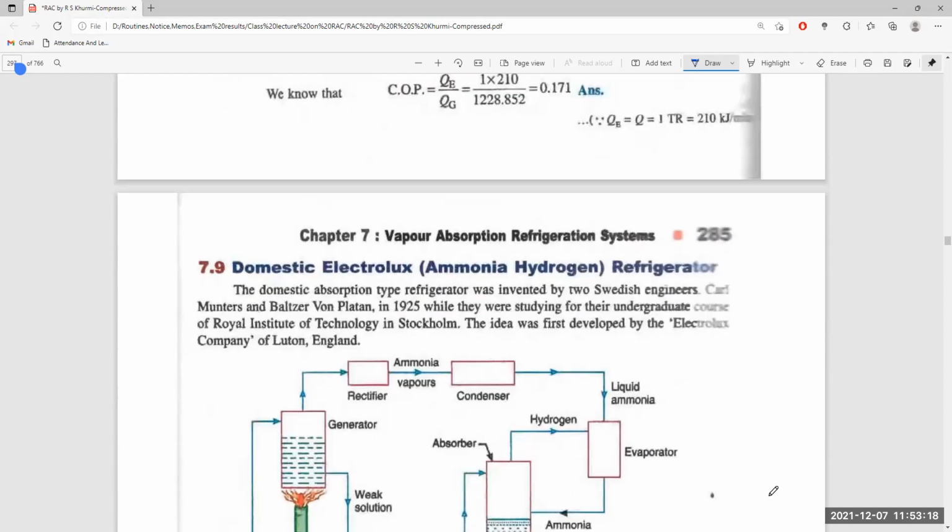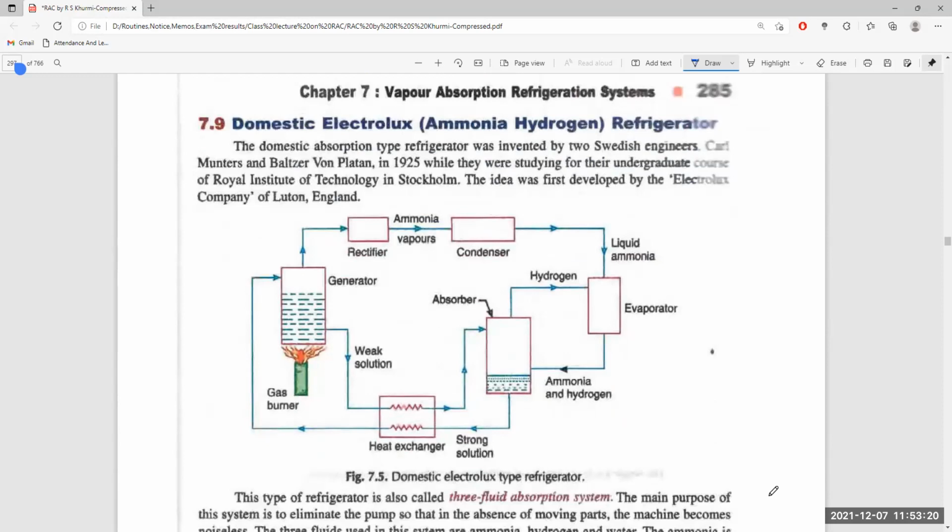Next, let us go to another system, the domestic Electrolux refrigerator.